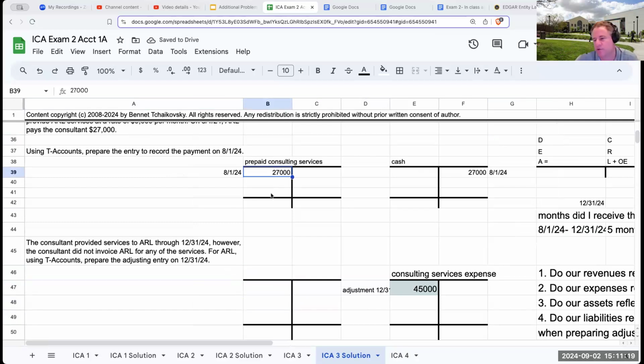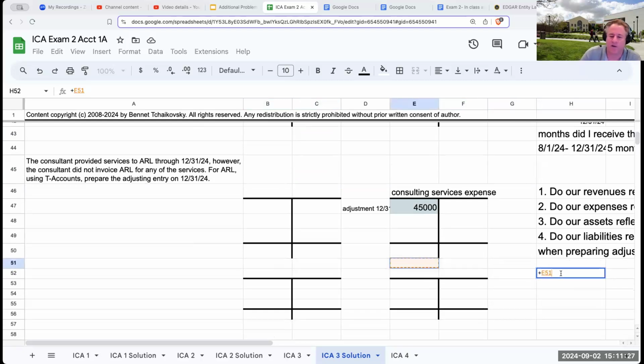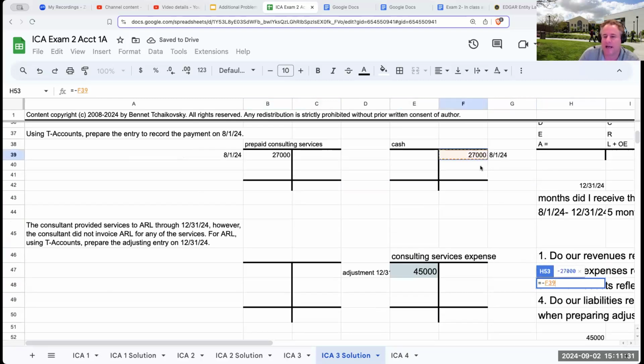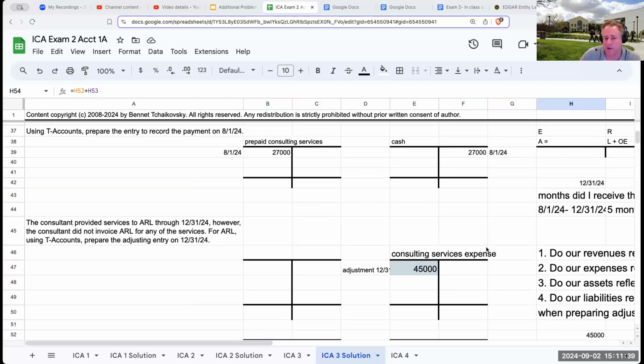Similar to the last question we just looked at relating to unearned revenue, my real question is, if I got $45,000 worth of services and I paid cash of 27,000, how much do I really owe? The amount I really owe is for 2 months of services, or $18,000.